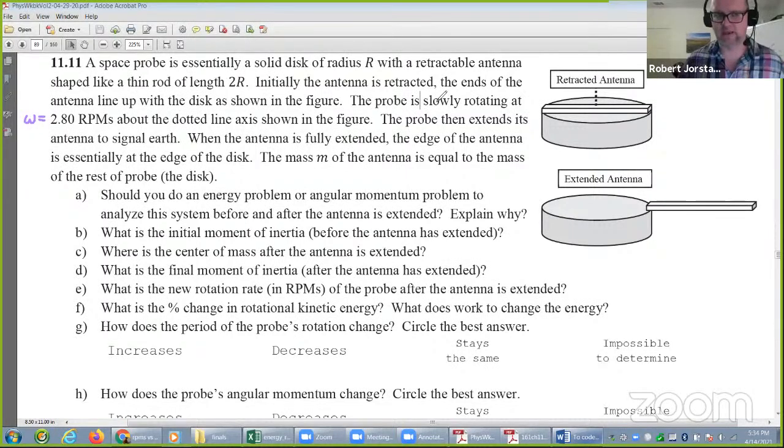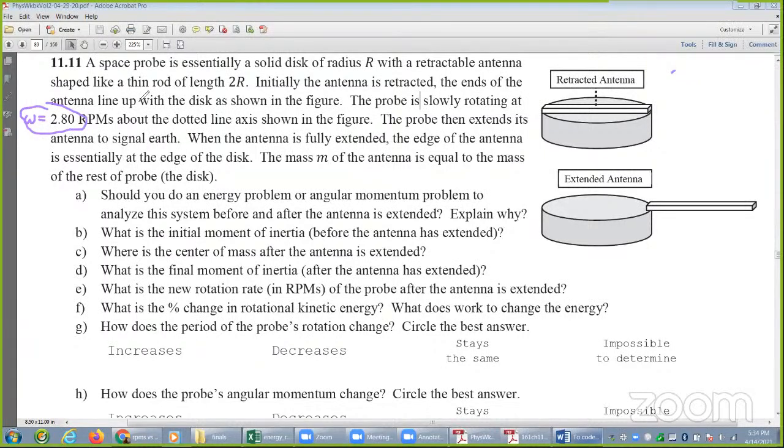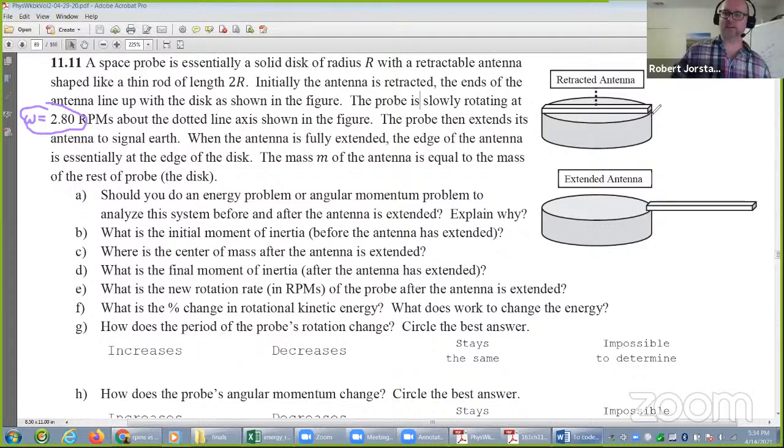So we know omega is that. What other equation can we use omega in? What equation can we shove this number into? v = ωr. That would give you the velocity of a particle on the edge, but that's not what we want, right? This has some initial rotation rate, right? And we're asked for the final rotation rate.